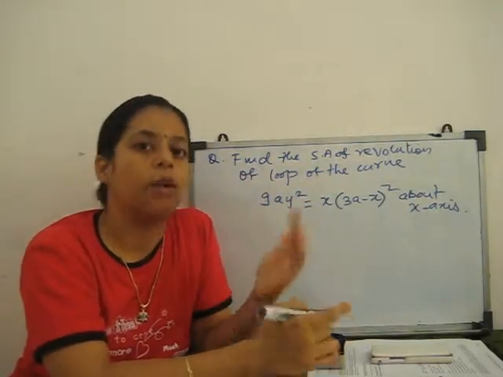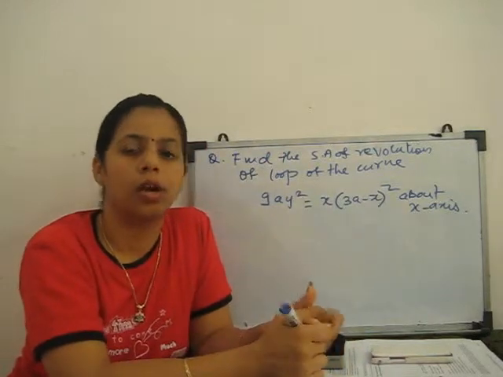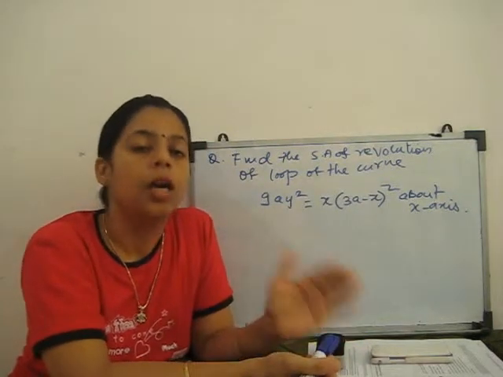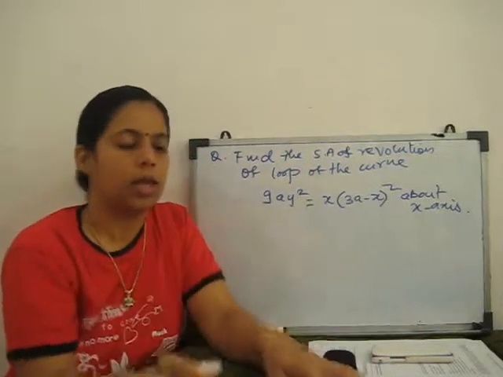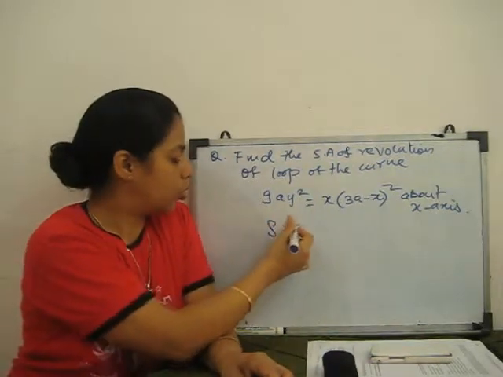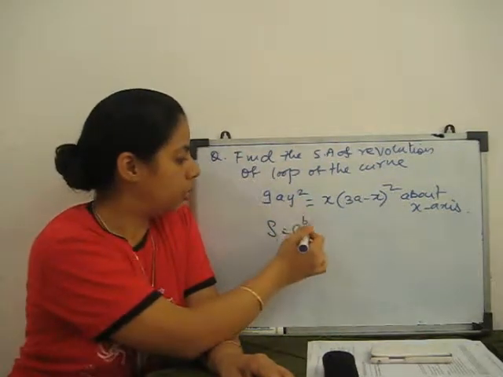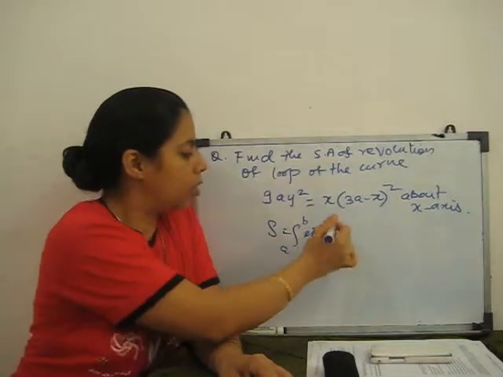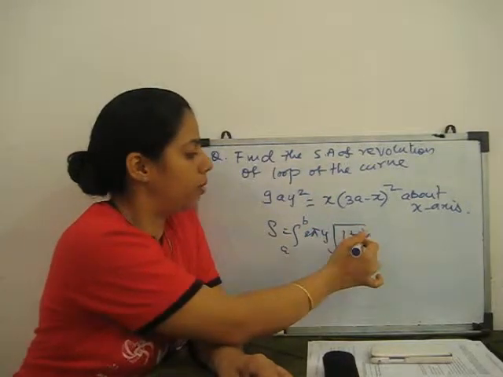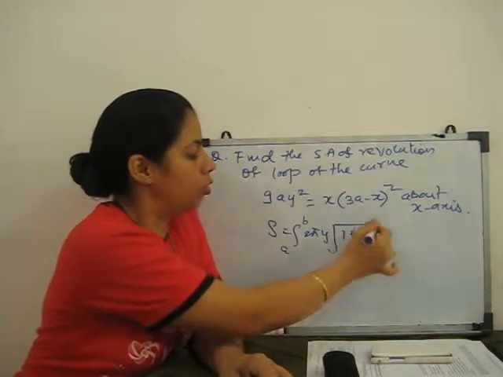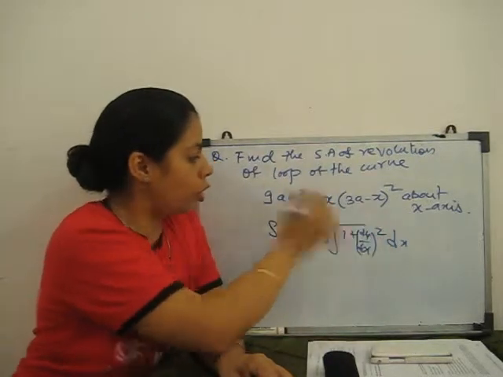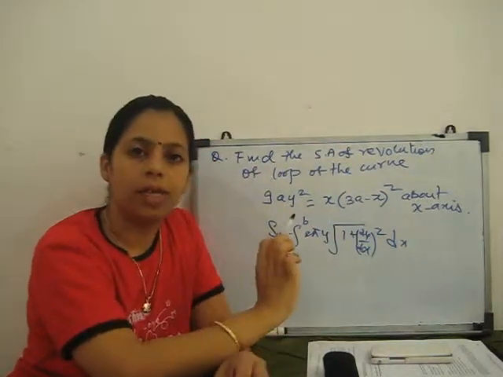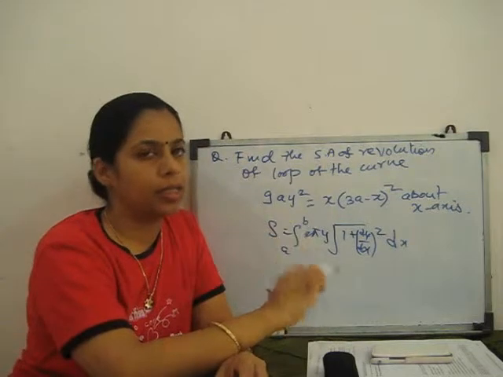So first you think, what is the formula for surface area of revolution in Cartesian? Revolve about the x-axis. Yes, we know S is equal to integral of x from a to b, 2 pi y under root of 1 plus dy by dx whole square into dx. So this is our surface area of revolution regarding x-axis.